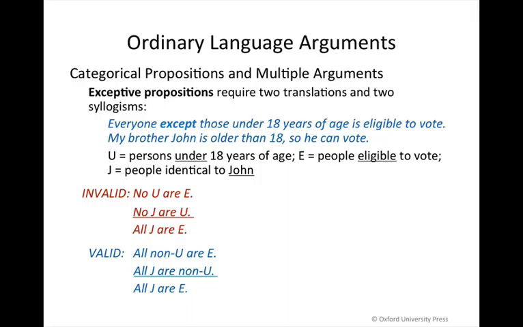So everyone except is going to involve a universal negative and a universal affirmative with a complement in front of the subject class. So everyone except those under 18 years of age is eligible to vote.